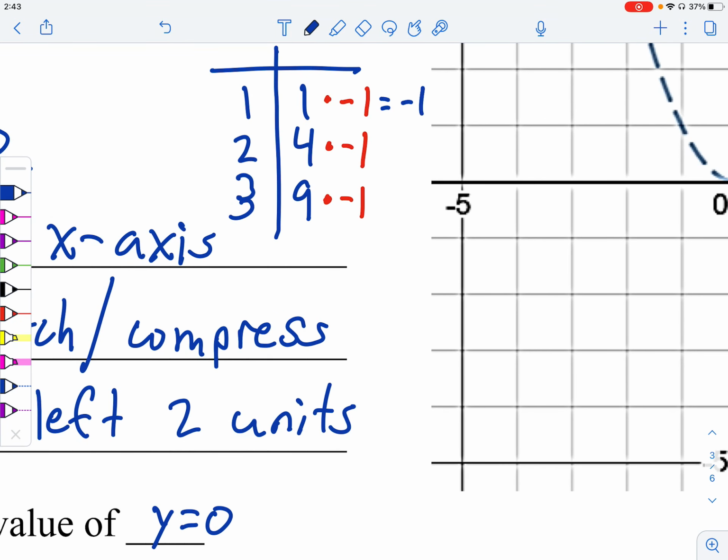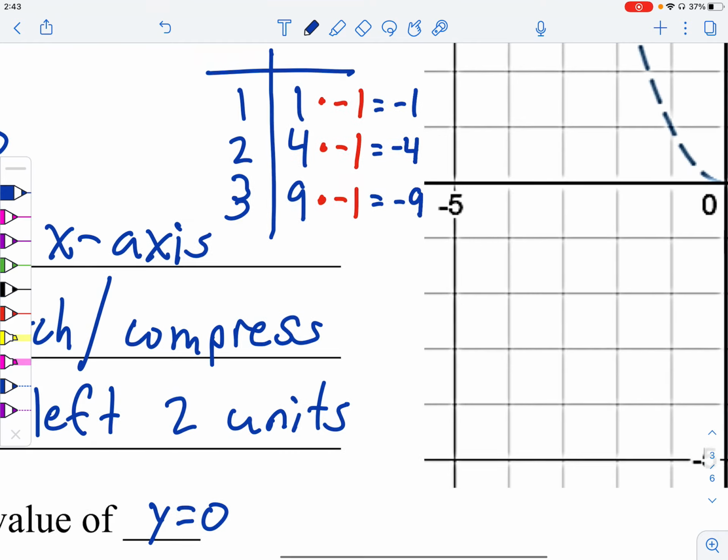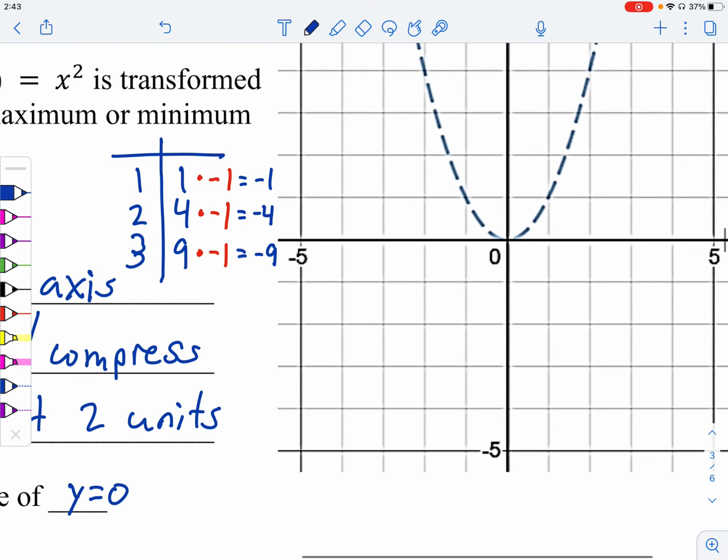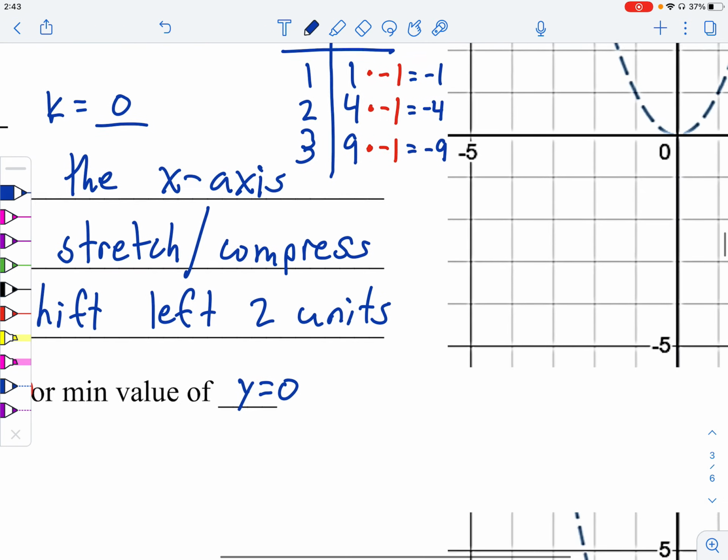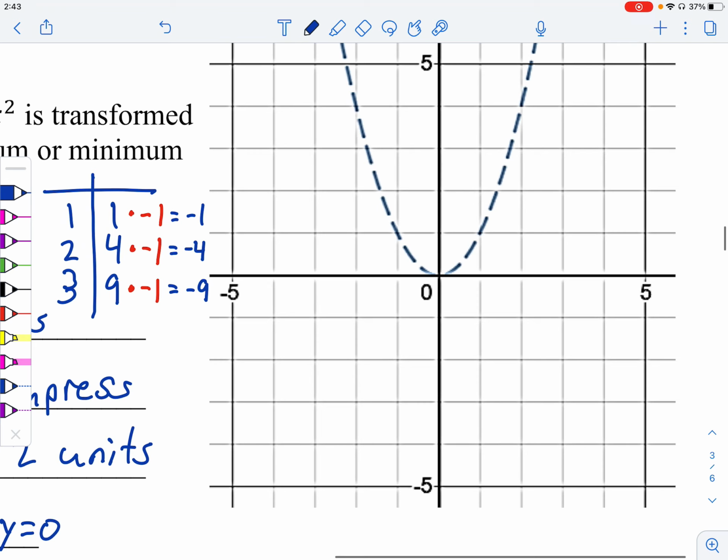So we get -1, -4, -9. Okay, then we start at our vertex -2, 0. And since we multiplied by -1, a negative, it flipped all our numbers to negative. So that's why it's going to flip down and face down.